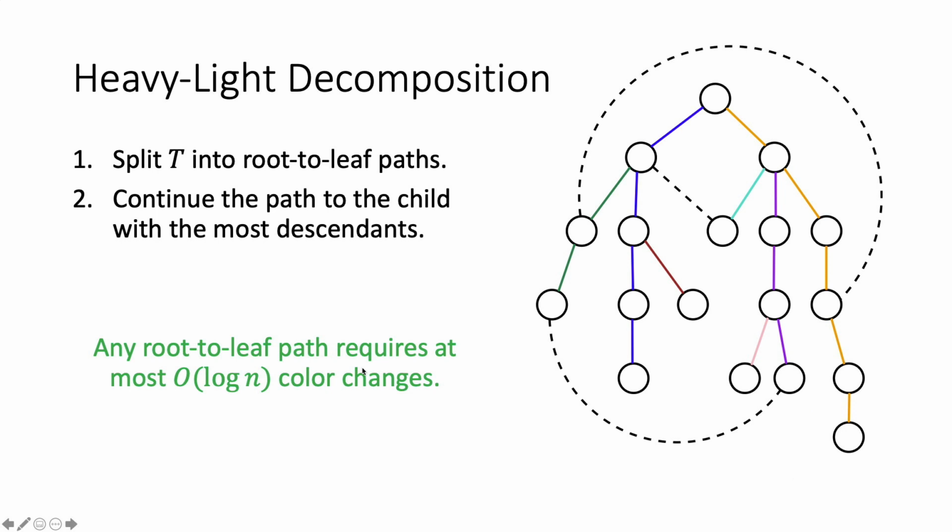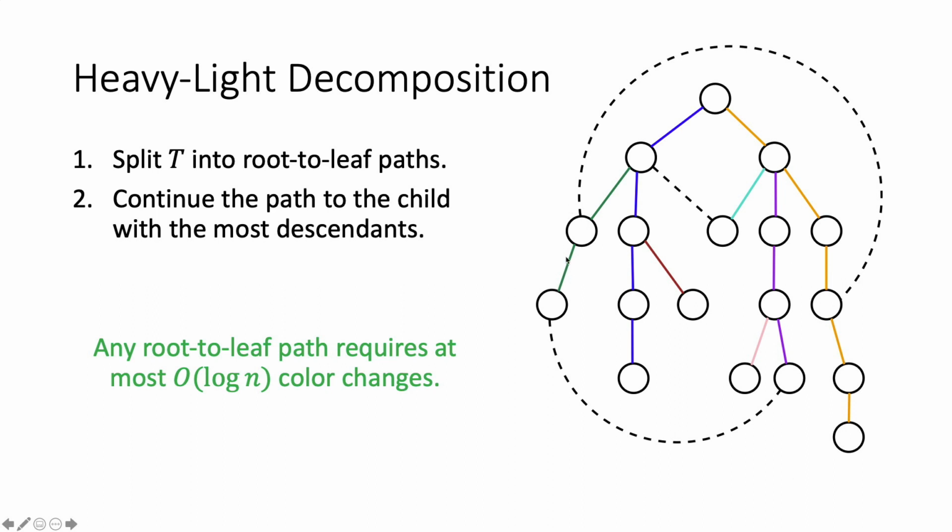Okay, so what does the heavy-light decomposition give us? Well, it implies that any root-to-leaf path requires at most O(log n) color changes. Why is this? Say I'm going down here and I transition from blue to green. That implies that in this subtree, it is not any larger.